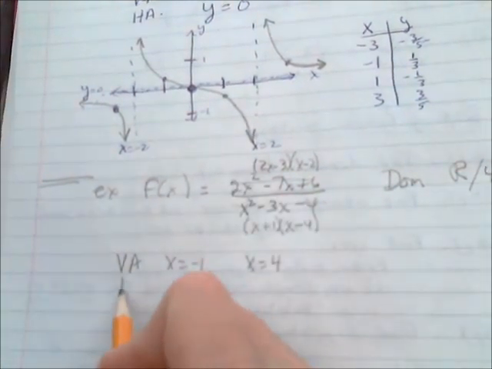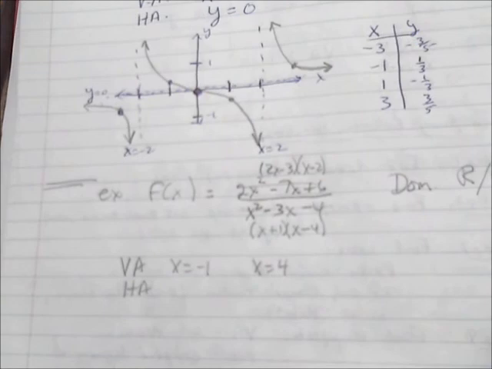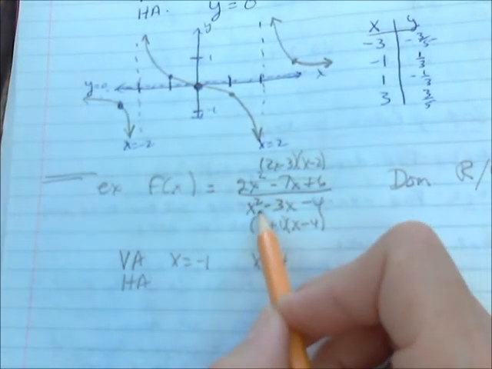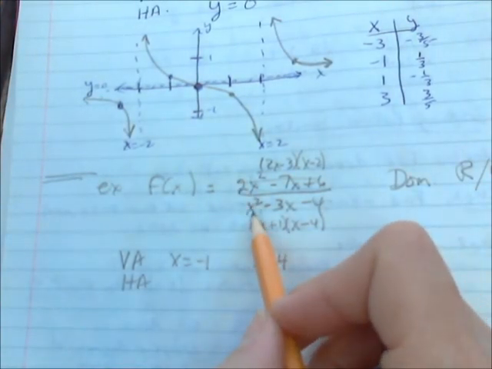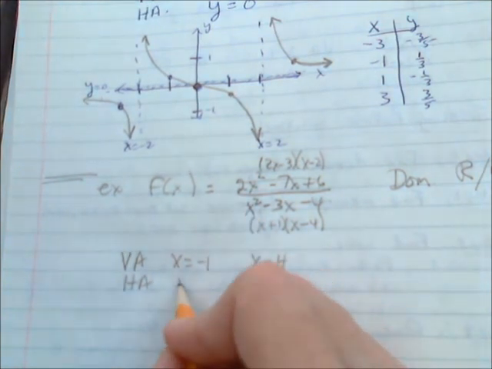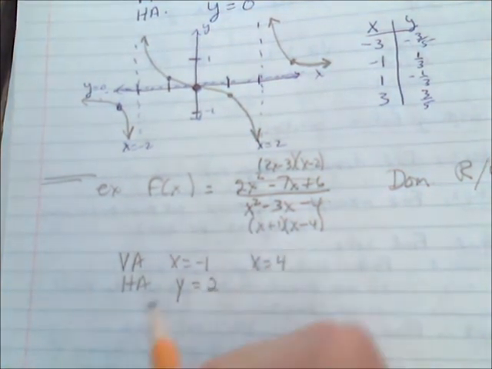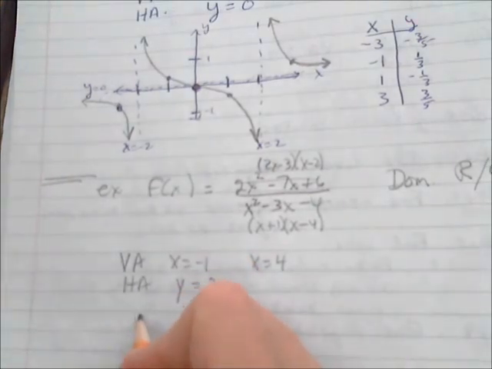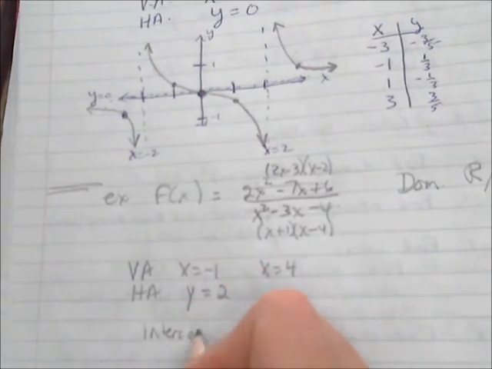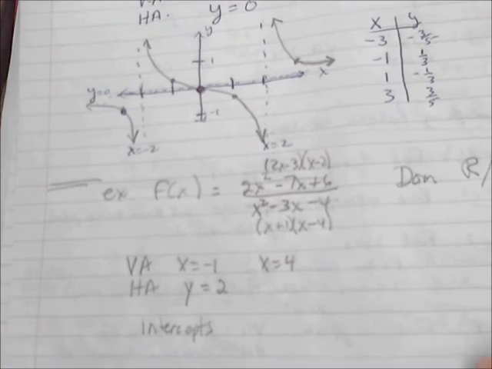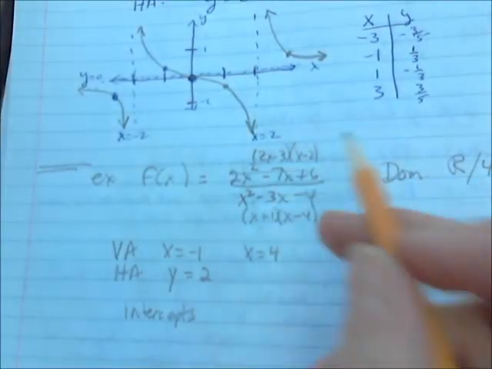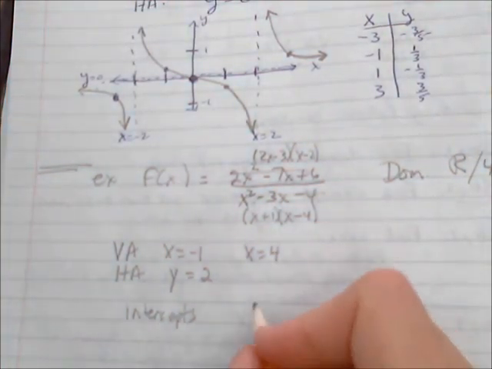You're going to have a horizontal asymptote because the degree of the numerator is equal to the degree of the denominator, so you're just going to divide the leading coefficients. Y equals 2. You're going to have some x and y intercepts. The x-intercept is what makes the numerator equal to 0.